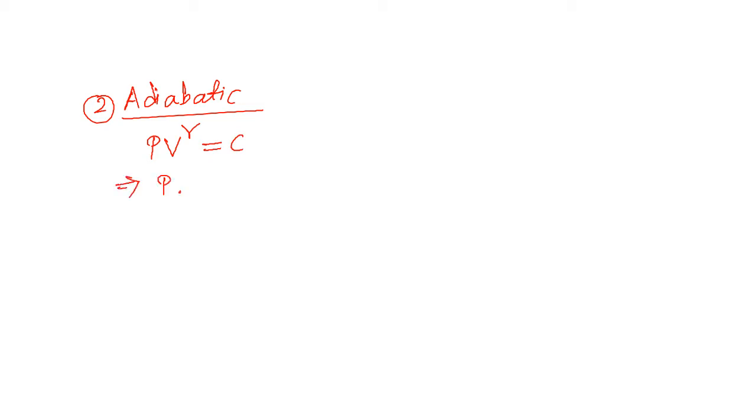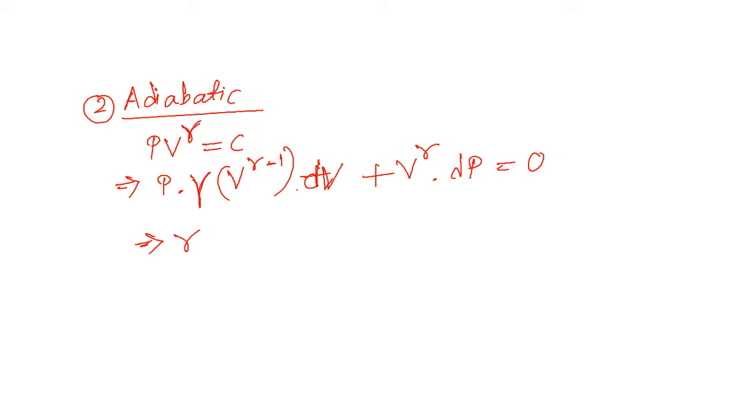We differentiate it: P times gamma V to the power gamma minus 1 into dV, plus V to the power gamma into dP equal to 0, or gamma P dV plus V dP equal to 0.